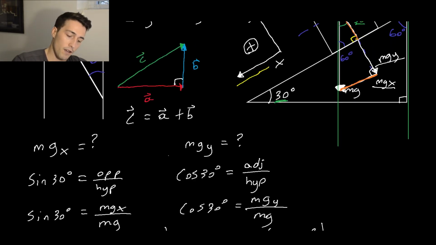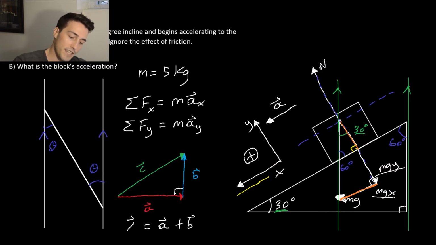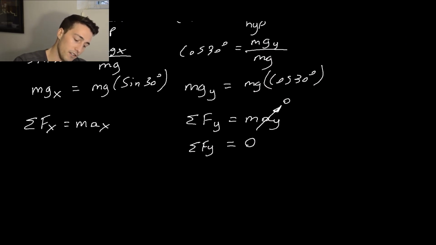So if we look at all of our forces here, well, our normal force is definitely in the positive y direction. And then the only other force is our mgy, and that would be in the negative y direction. So I can write 0 is equal to the normal force, positive, minus mgy.